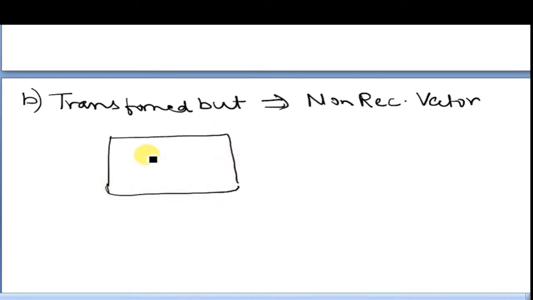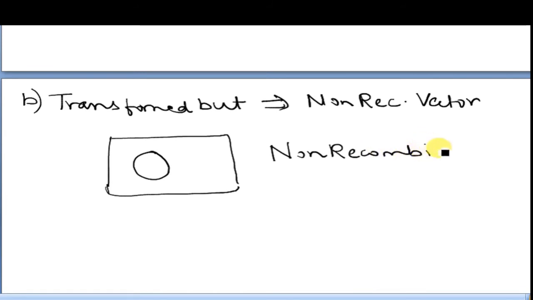It has been transformed, but by the non-recombinant vector. Non-recombinant means that only the plasmid portion has entered into this cell, not the human portion.